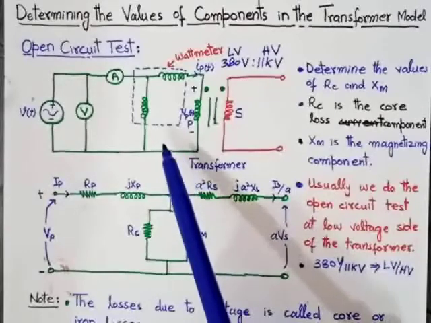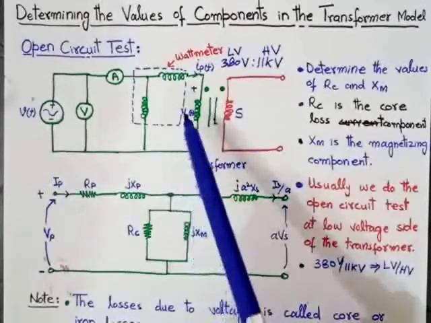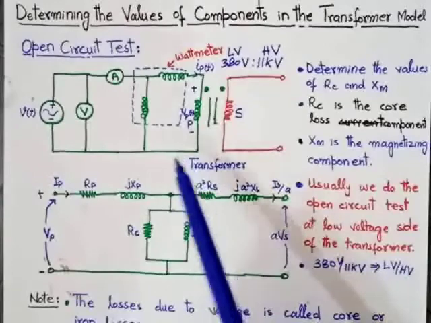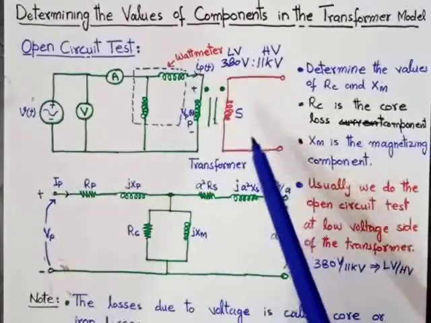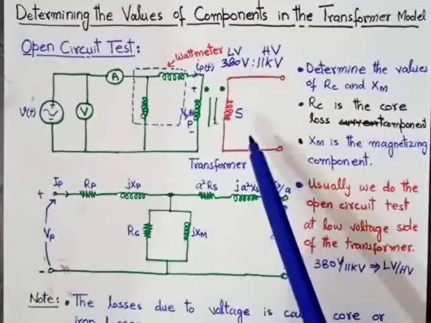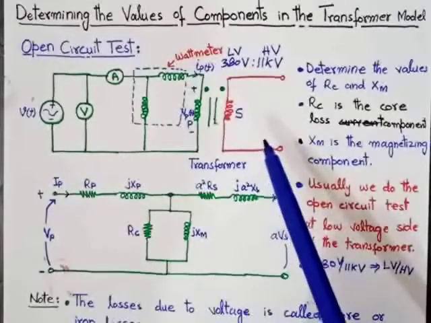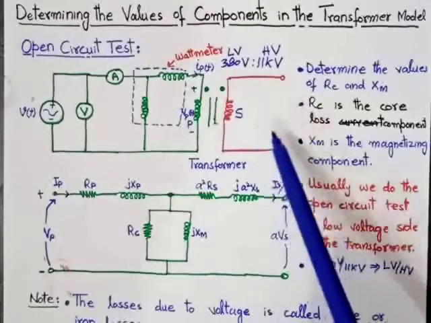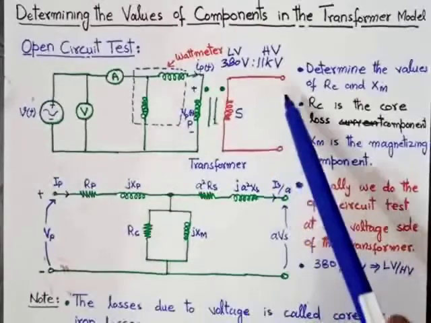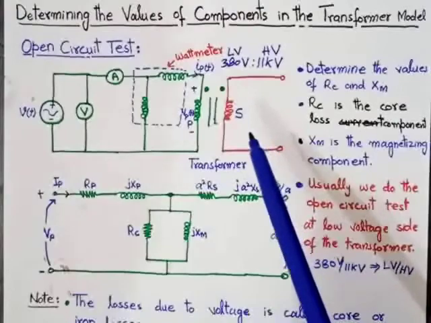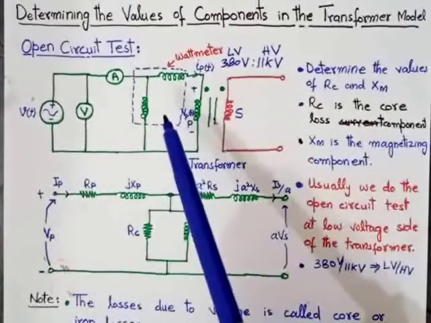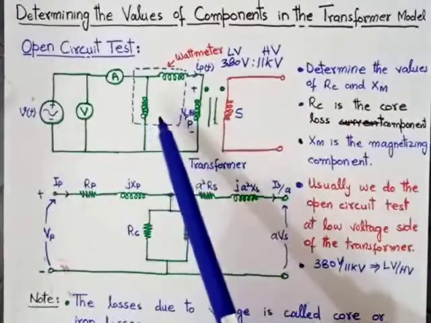As you can see in this diagram, the secondary side of the transformer is open. That is, there is no load connected. In case of an open circuit, the current will be approximately 0 and the voltage will be maximum. That's why the wattmeter only shows the core losses of the transformer.